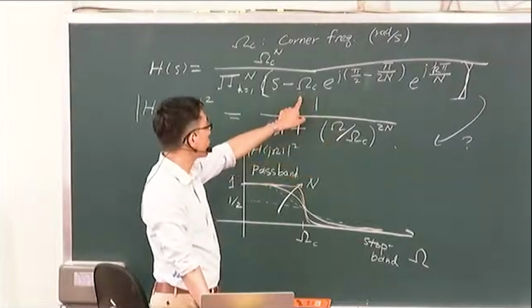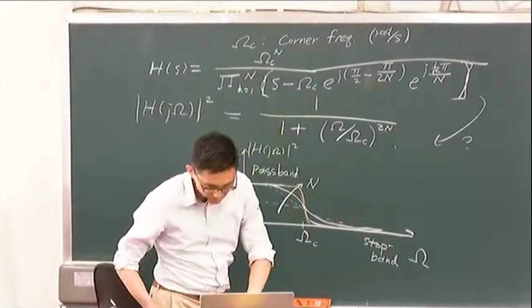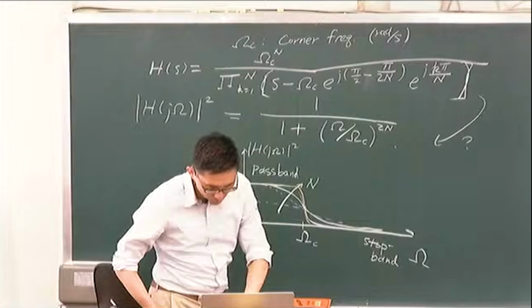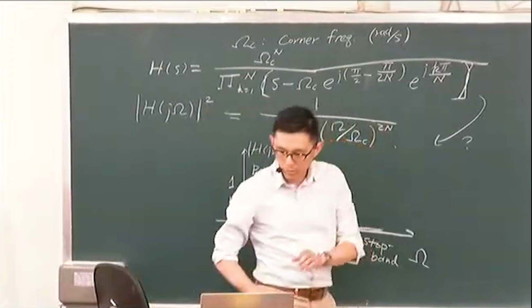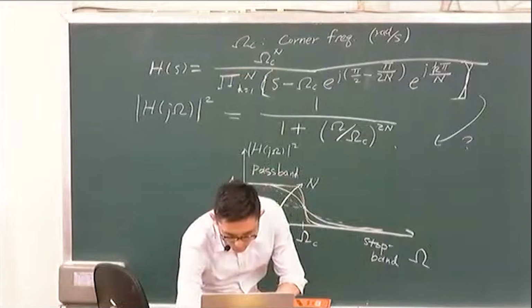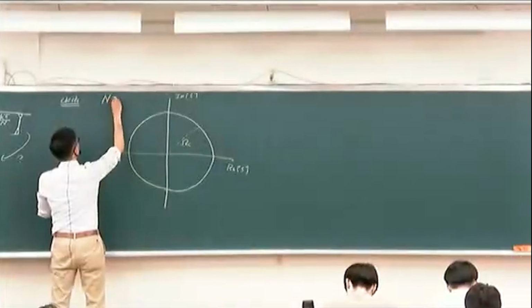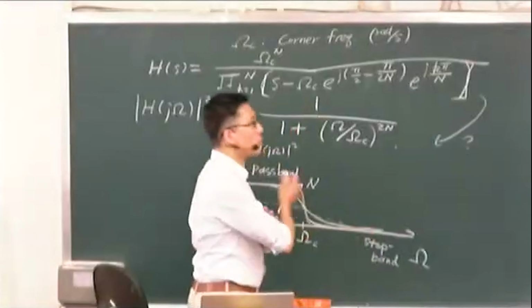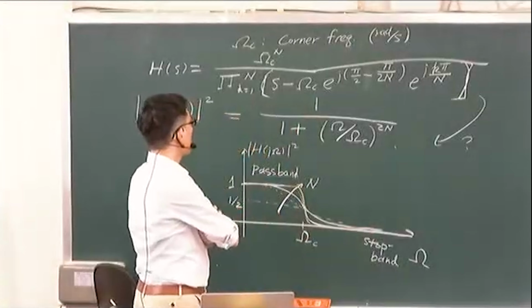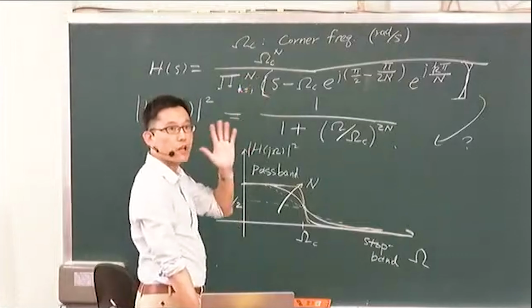But the angle, if you take a look at the angle, maybe we can use an example. Let's say, for example, n equals 5. Then this is going to be a 5th order polynomial having 5 roots.